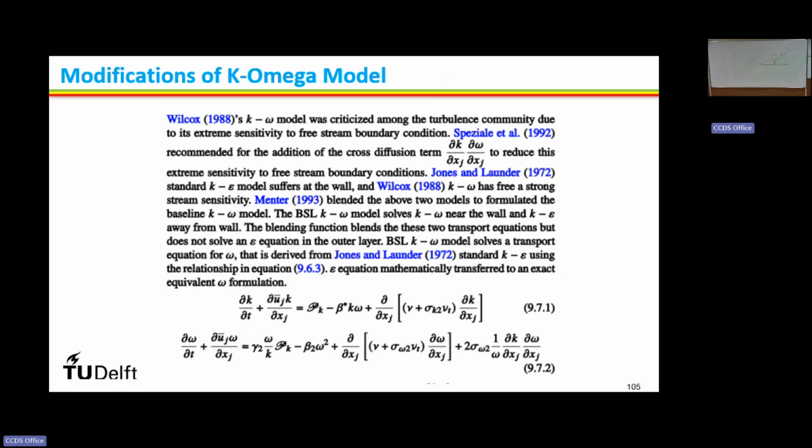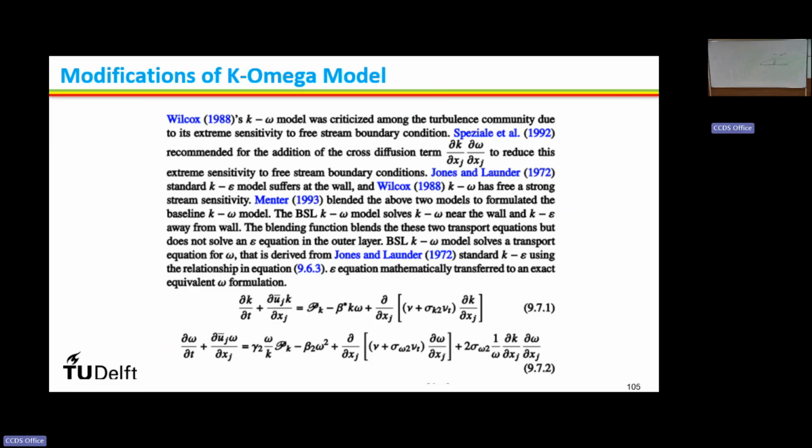The diffusion of the omega that is affecting the k and the diffusion of the k that is affecting the omega. So it is multiplied by the term dk by del xj, del omega by del xj. The product of these two terms, then Spiegel actually recommended adding it to the Wilcox model. Subsequently, Wilcox added these two terms into the omega equation to correct the free stream sensitivity.